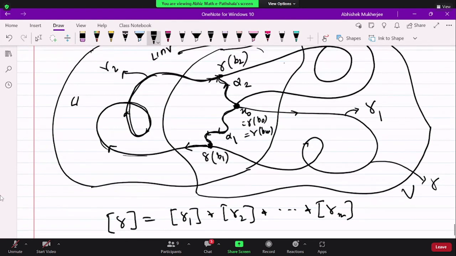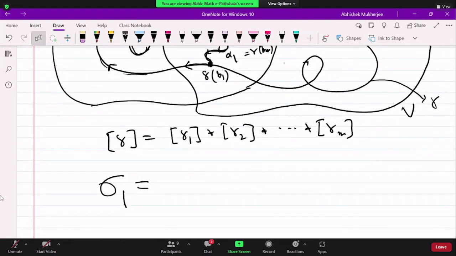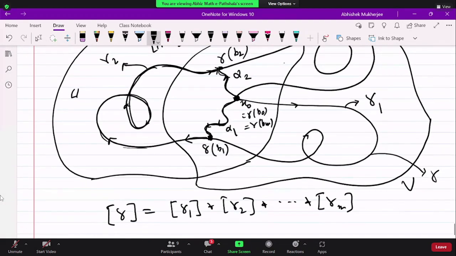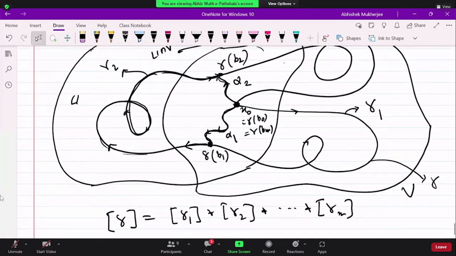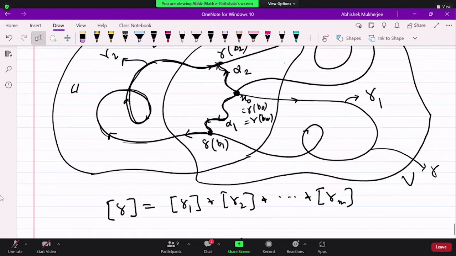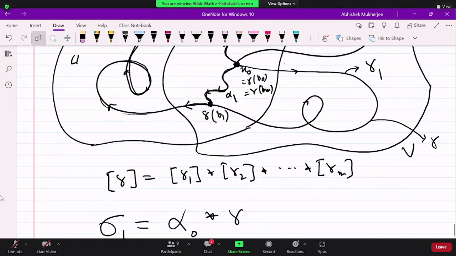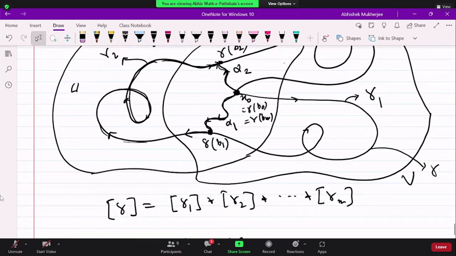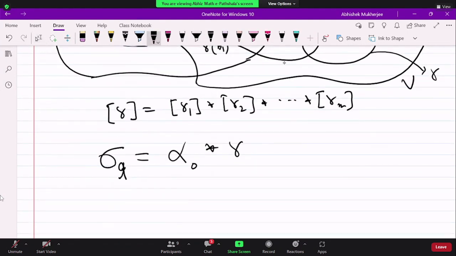Sorry, that is actually sigma 2, which is alpha 1 star gamma 2 star alpha 2 bar.